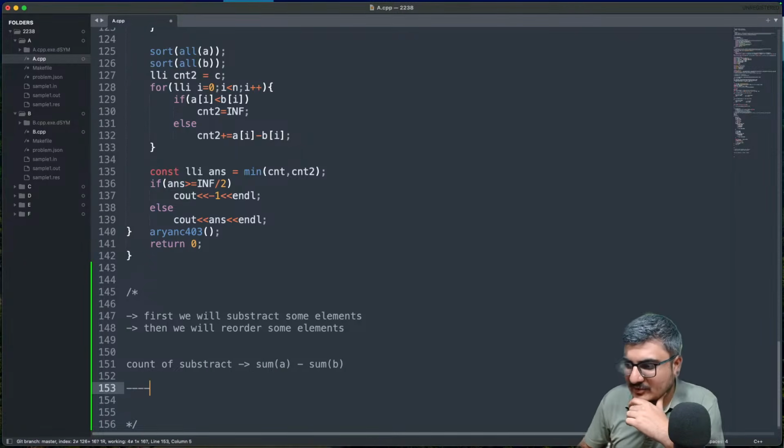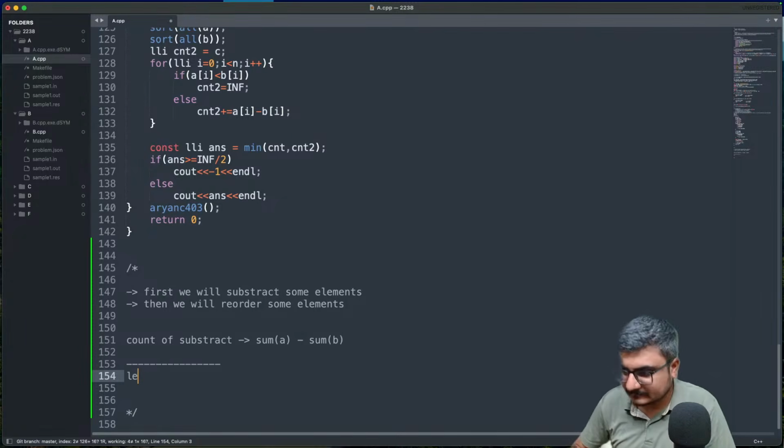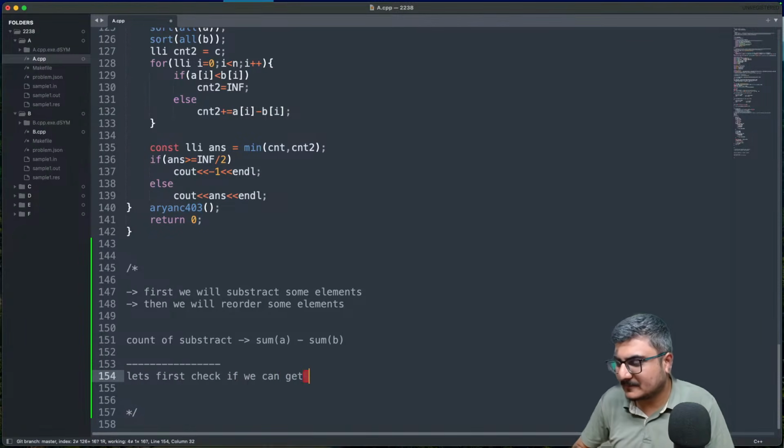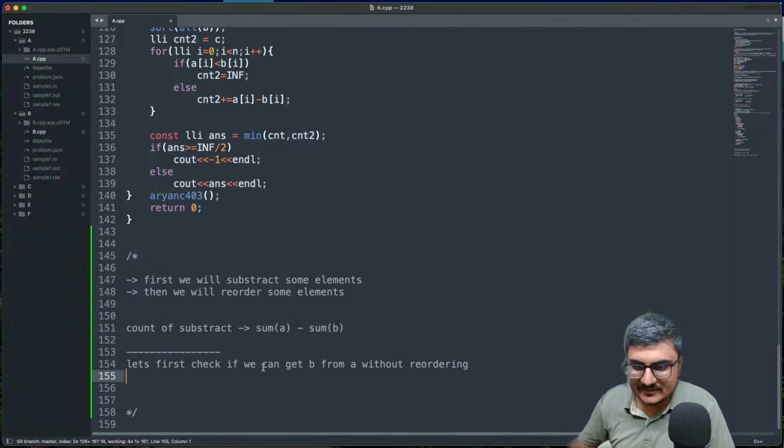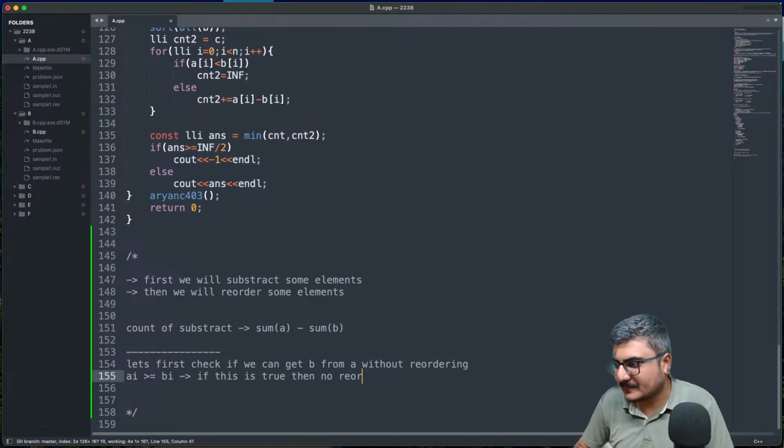So first let's check the number of operations required if we can get B from A without reordering. Since you are not reordering and only decreasing A, for each i you should have Ai greater than or equal to Bi. If this is true, then no reordering is required.